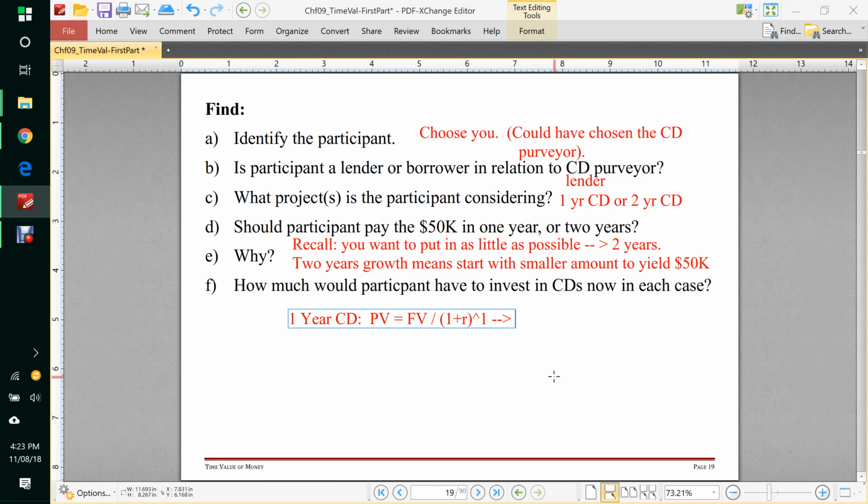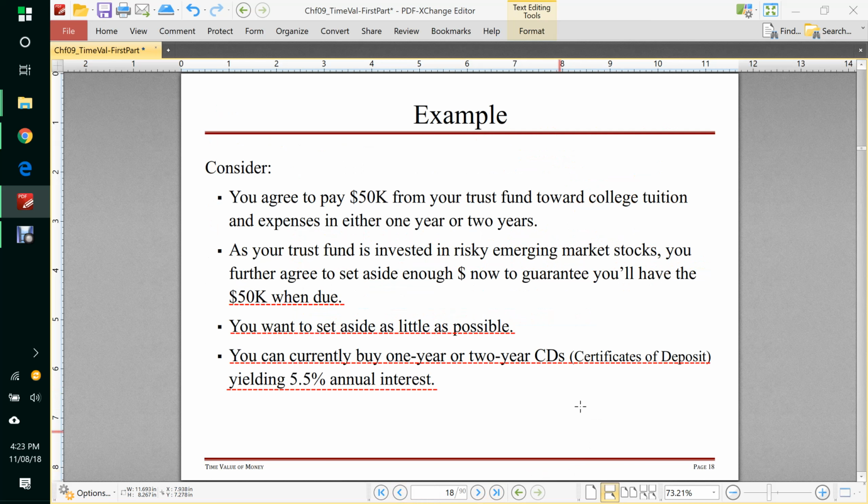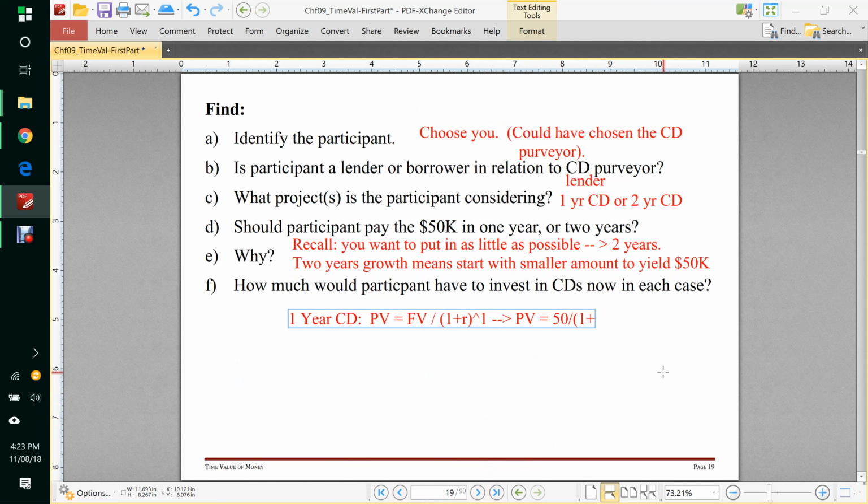And that leads us to PV is equal to 50,000 divided by 1 plus, I don't remember our interest rate, I think it's 5.5%, yes, 5.5%, 1 plus 5.5% raised to the 1, okay, and I'll let you work out on your calculator the arithmetic for that.